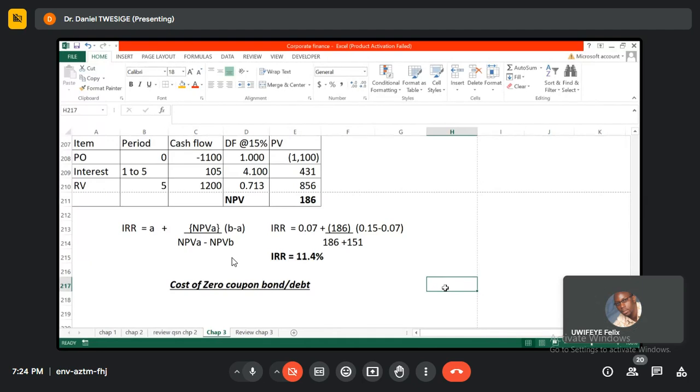So what is a zero coupon debt? A zero coupon bond is a debt which is issued without a coupon rate, without interest rate. That's what is called a zero coupon debt.